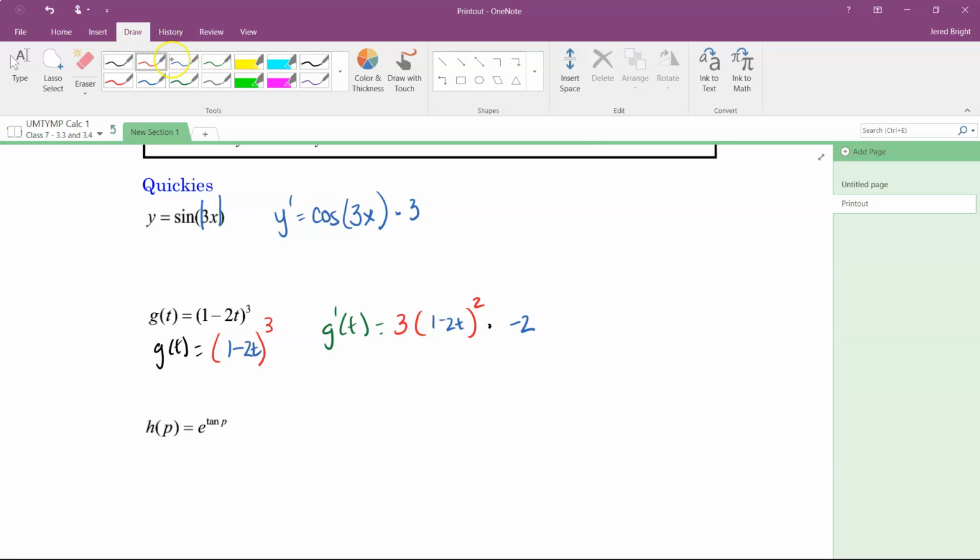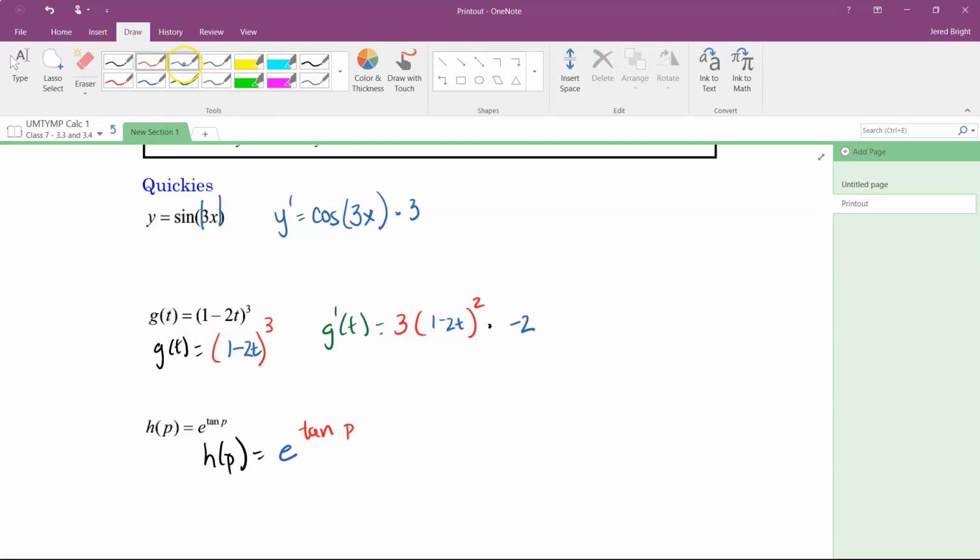Here, again, if you think about this as composite functions, this is h. Your two functions here are e to the x and then tangent of p.